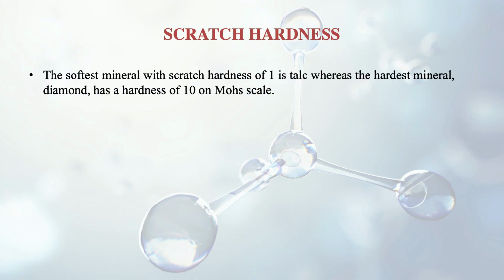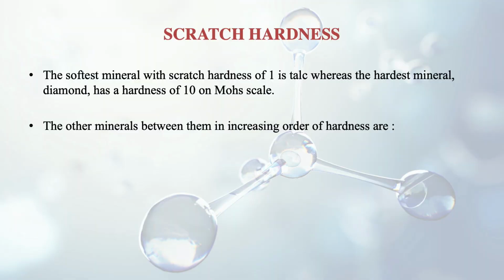So continuing with that, the softest mineral with a scratch hardness of 1 is talc. What is talc? Like we have talc powder, you must have seen. People apply it on their faces. Whereas the hardest mineral is diamond, and it has a hardness of 10 on the Mohs scale.